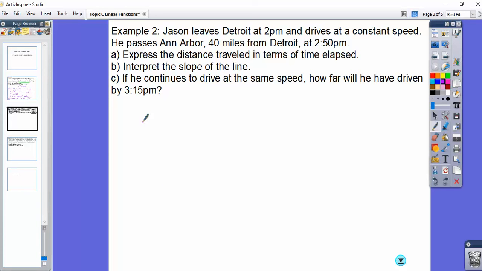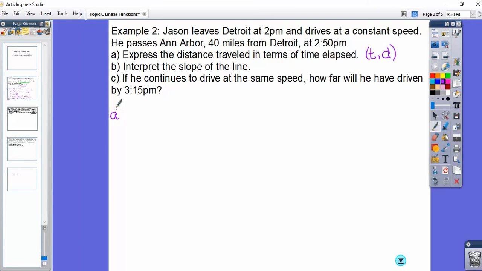He passes Ann Arbor, 40 miles from Detroit, at 2:50 p.m. Express the distance traveled in terms of time elapsed. Since I want my distance in terms of time, that's telling me that the time is my x and the distance is my y.